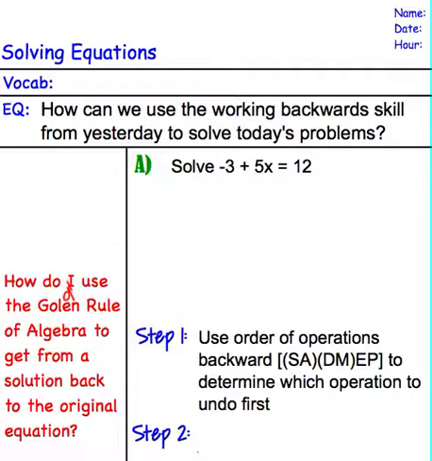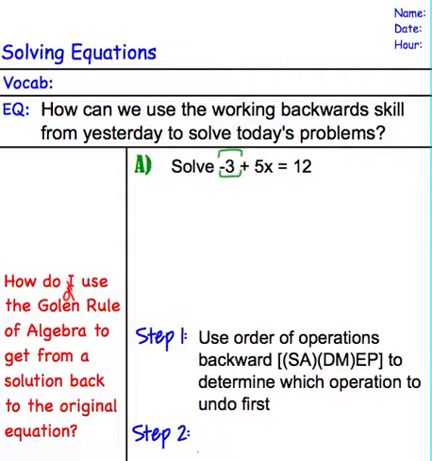We need to work from the outside in, getting from the outside the stuff that is least attached to the variable down to what's most attached. So if we look here, this plus -3 is what is least attached, because that 5 is directly touching that x. And so I want to get rid of this plus -3 first.